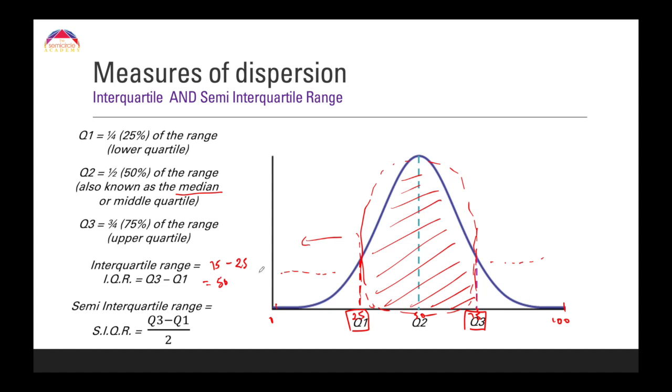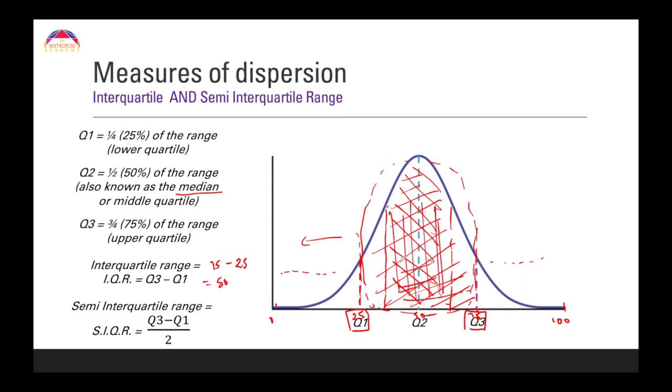The semi-interquartile range is if you take the interquartile range, which is Q3 minus Q1, and you divide it by 2. What you're actually doing is you're taking this area and cutting it in half. So you're cutting out these guys, and now you're just dealing with this highest concentration area in the middle here.